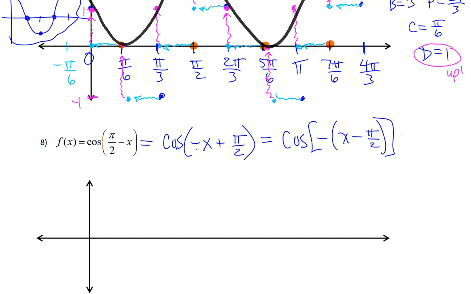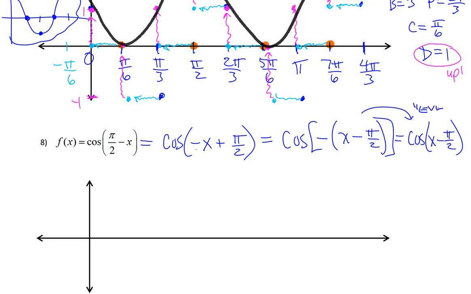Then also recall that given the negative identity for cosine, which is an even function, this negative is going to disappear because the cosine of negative something is equal to the positive cosine of the positive something. Or in other words, cosine of negative x is equal to cosine of x. It's an even function.